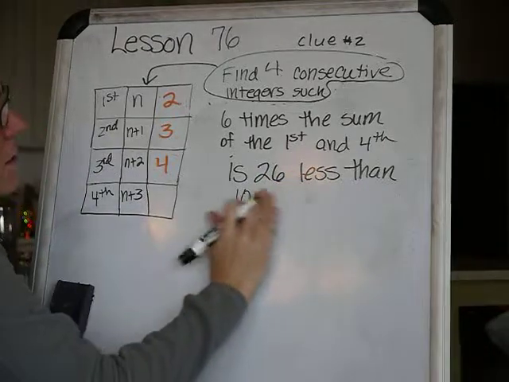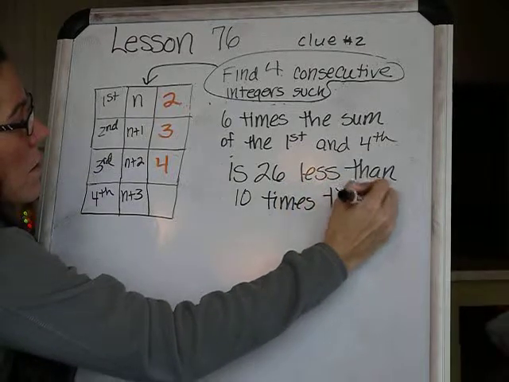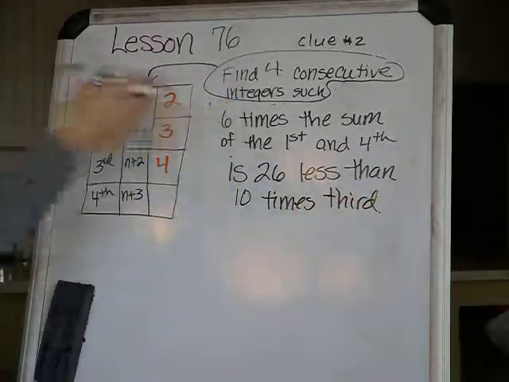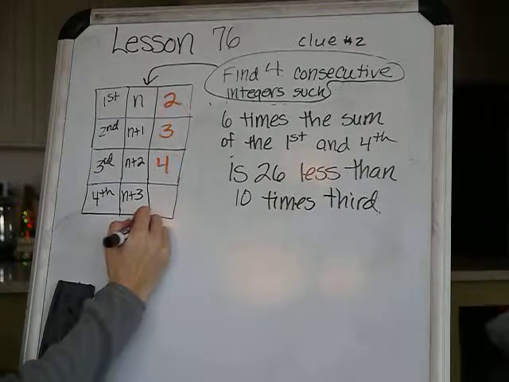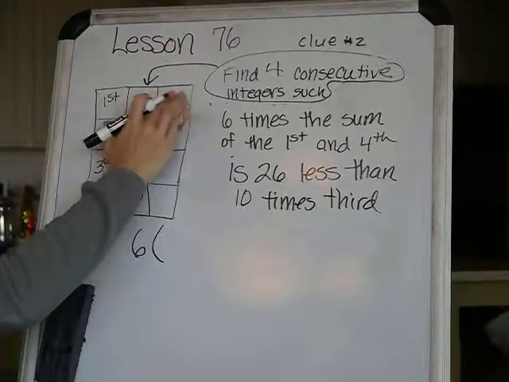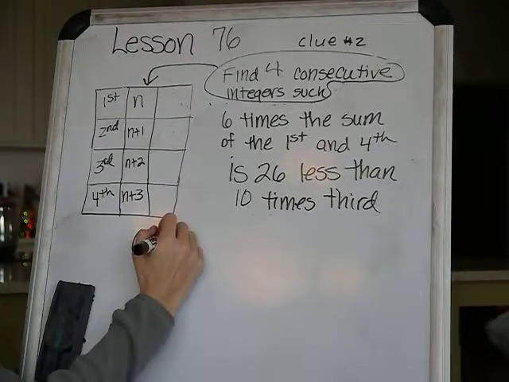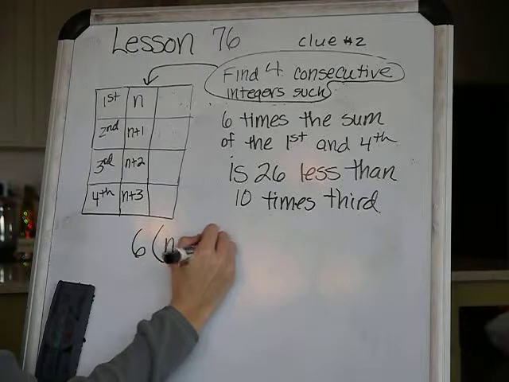10 times the third. Okay, so let's try and take this big thing. 6 times the sum of the first and the fourth. Oh, let me take that from before. 6 times the sum of the first and the fourth. Well, that is n plus 3, right?